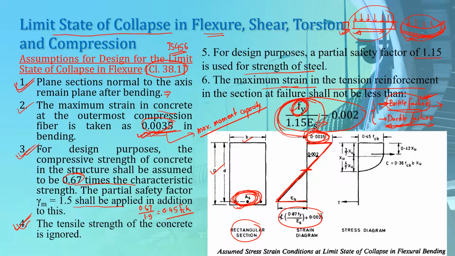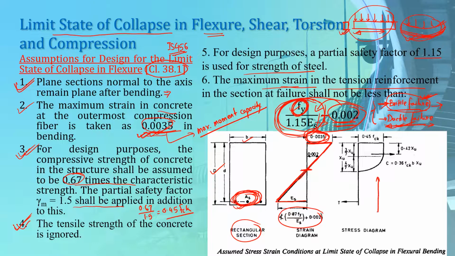But for our high strength bars or for our cold twisted bars, we do not have a fixed value of Fy. So only ensuring that our section at failure reaches this strain value may not be sufficient. Hence, we take this additional value of 0.002 in addition to Fy over 1.15 Es. So how does this value of 0.002 come?